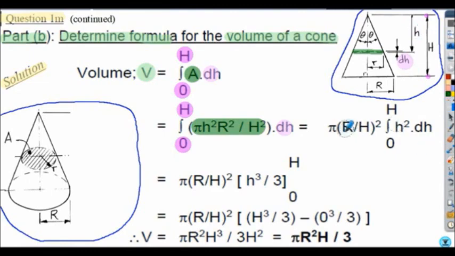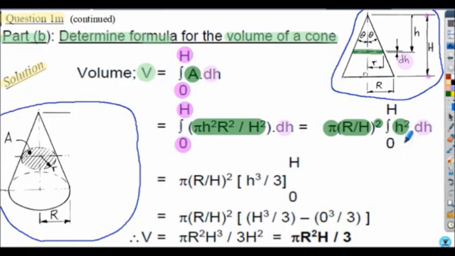What has happened on this next line is I've taken the constant outside the integral. The constant is pi multiplied by capital R divided by capital H, all squared. So that leaves me with lowercase h squared multiplied by dh. That's my integral. That's the standard ax to the n form, referring to our previous standard integral tables.